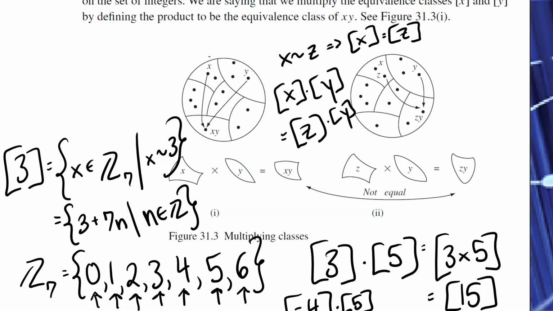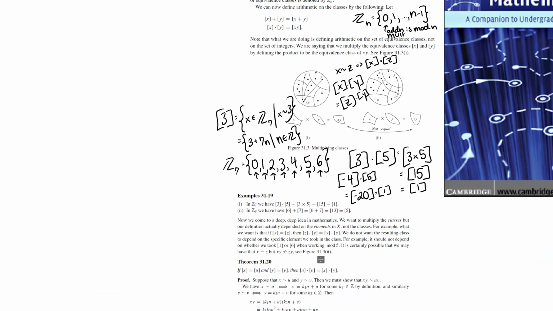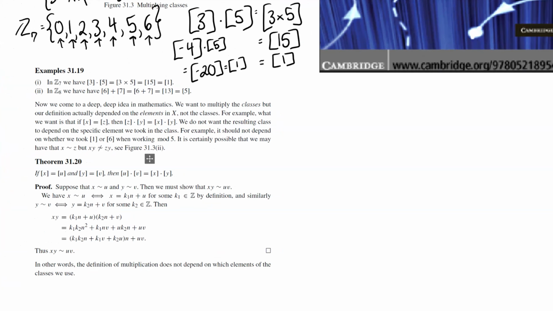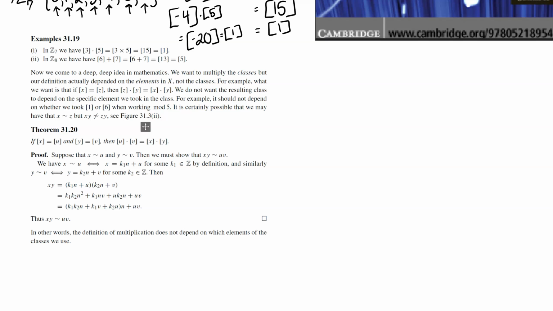Okay, so we would really like that to happen. I just showed you an example where that does happen, but remember we can't do proof by example. They also give an example of adding two things. Adding we're probably a lot less concerned about because we know how to add in mod. Okay, so we're good with that.